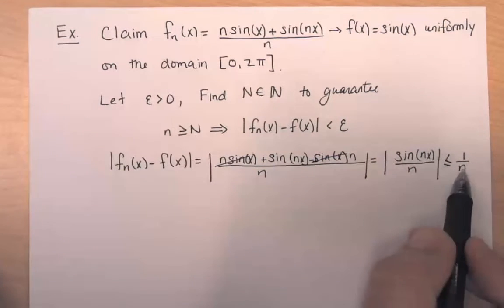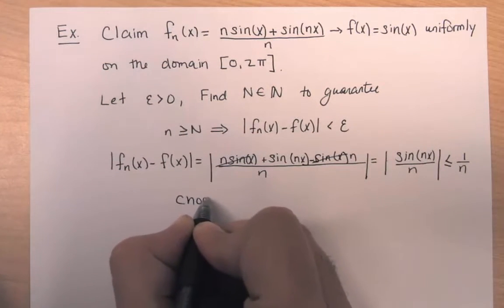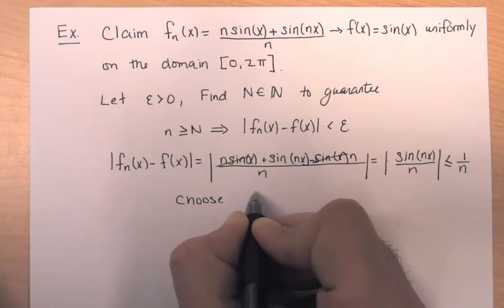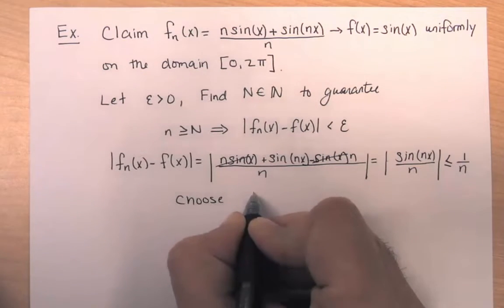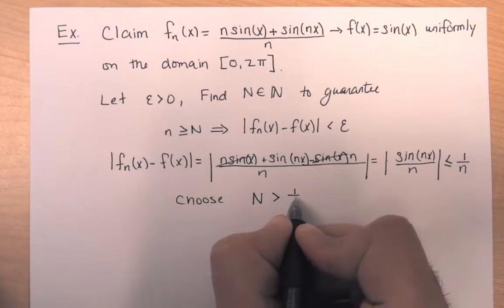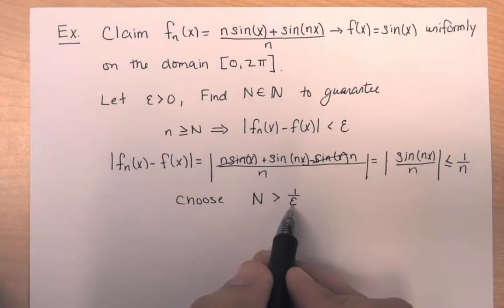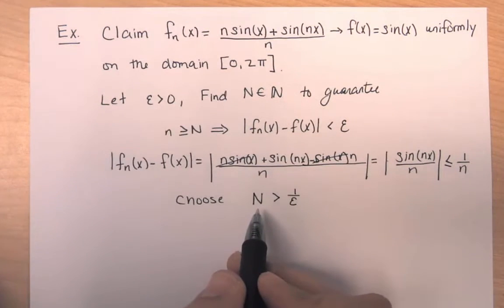Now, I want 1 over n to be less than epsilon. Well, then let me just choose N to be greater than 1 over epsilon. Of course, every number has a natural number above it.